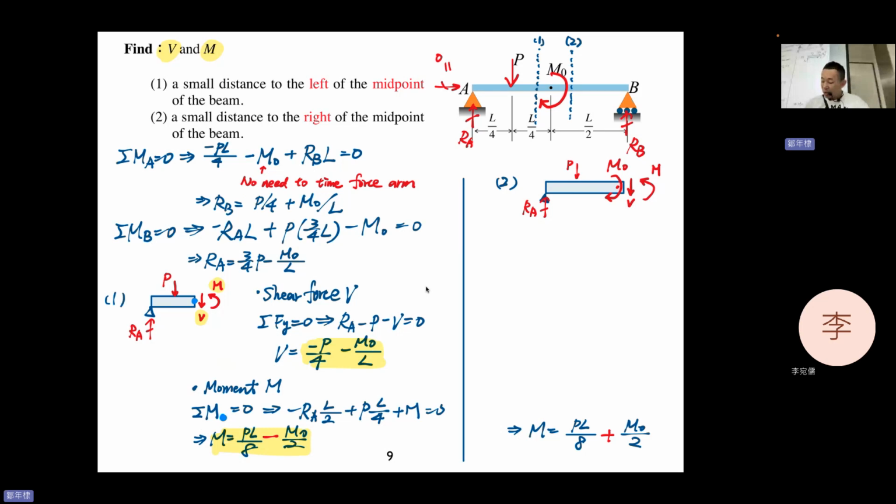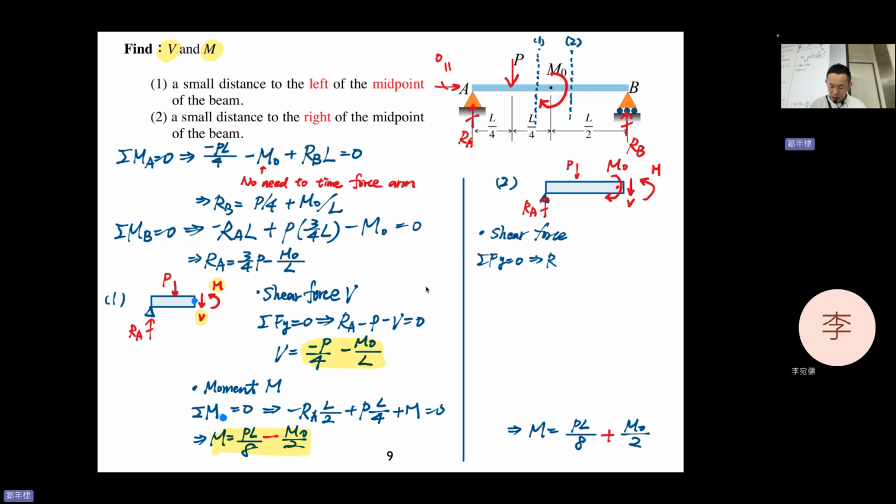Because in problem 1 we were just a little bit off the center, there was no M0 there. Here we have M0. So we need to follow exactly the same procedure, but the result is different now. Force: sigma Fy equal to 0.